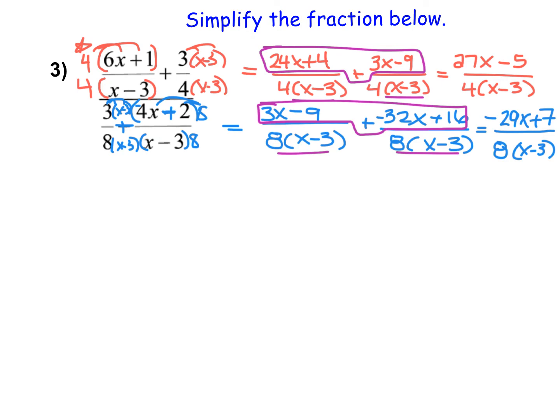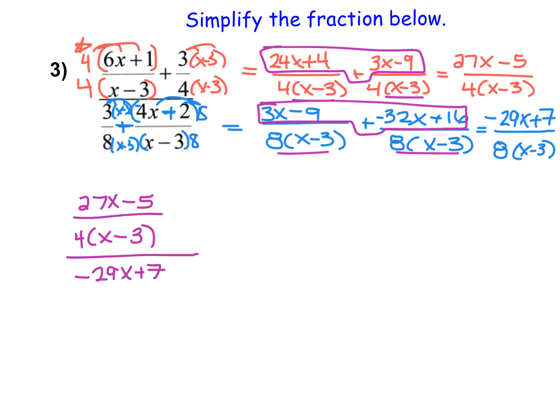So what we now have is one single large fraction of 27x minus 5 over 4 times x minus 3, then all over, in a big fraction, negative 29x plus 7 over 8 times x minus 3.